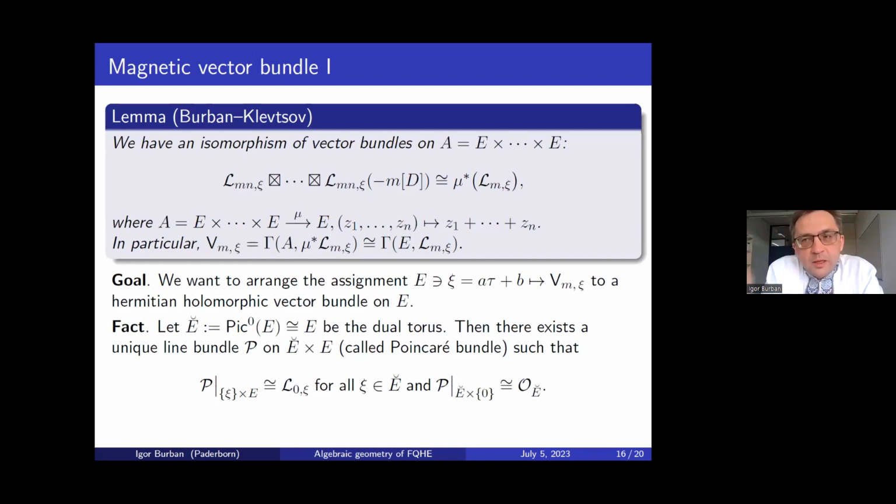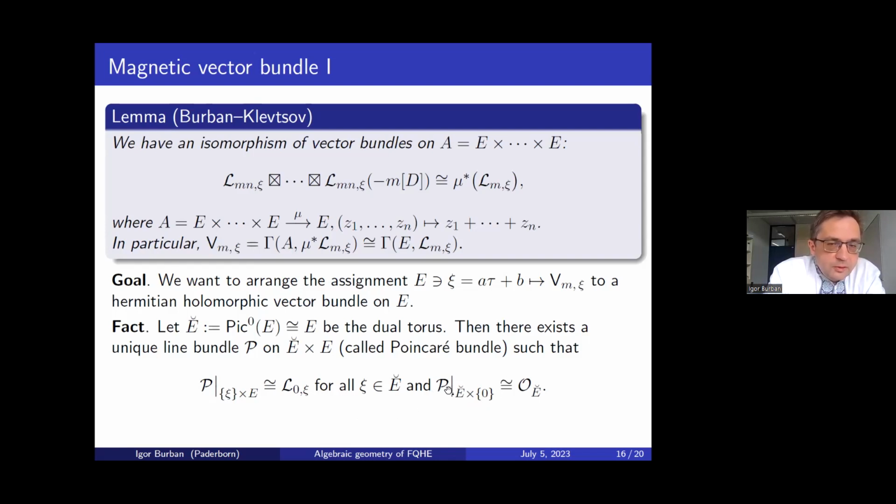So the Poincare line bundle is a unique line bundle on the product, dual torus times torus, which is characterized by the following property. If I take a point in my dual torus and restrict my line bundle, then I get a line bundle of degree 0 with a parameter xi, as a restriction. And if I take another, it's another normalization condition.